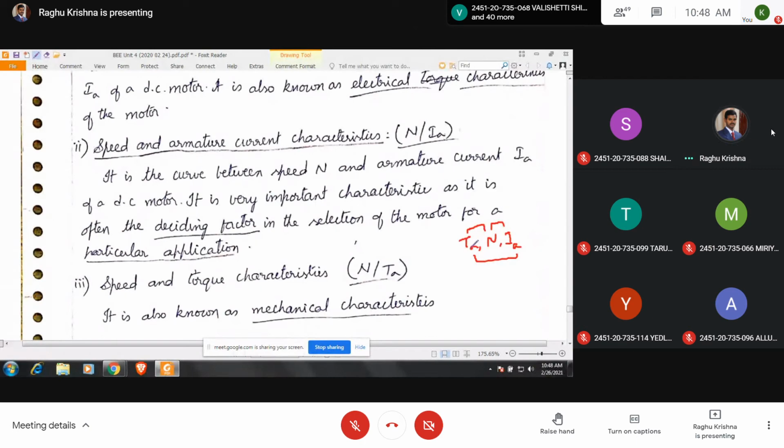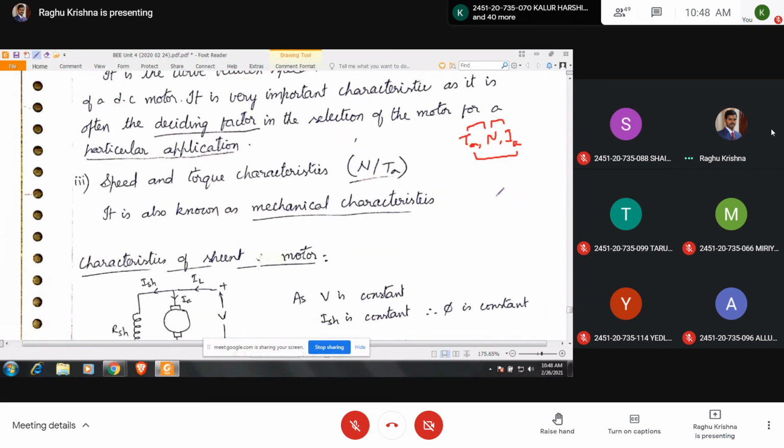So the first one is torque versus Ia, the second one is speed versus Ia, the third one is torque versus speed, or speed versus torque. Speed versus torque is also called the mechanical characteristics. No need to remember these words, just know about the characteristics.